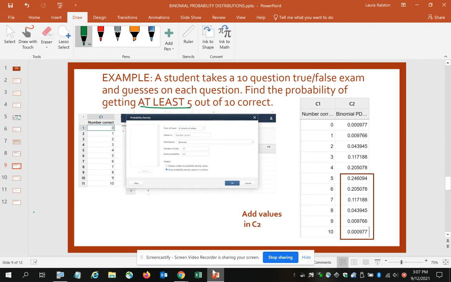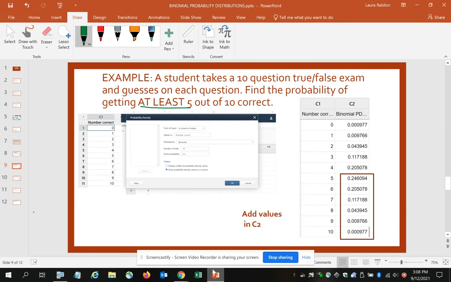We would take our calculators and do 0.246094, notice I'm not rounding, plus 0.205078, plus 0.117188, plus 0.043945, plus 0.009766, plus 0.000977.